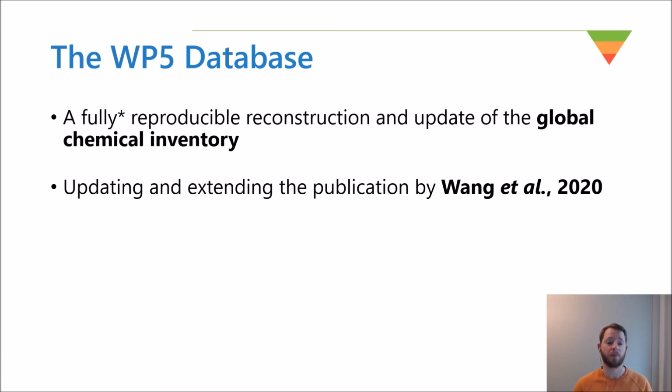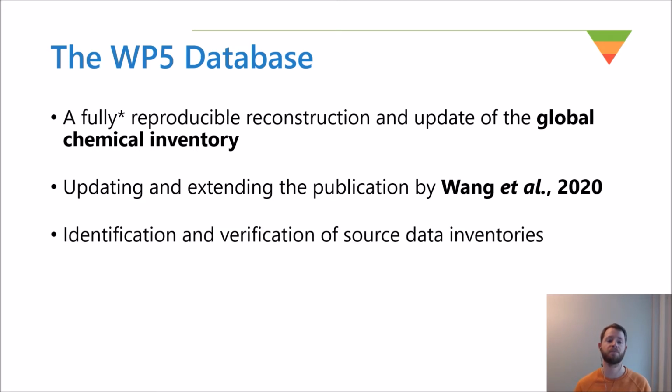We will update, but not only update, also extend the publication from Zhen Yung. We will identify and verify all source data from the inventories. And it is our goal to FAIRify the data model. And I'm sure not everyone is fully familiar with the term FAIR in this context, so I'll take a step back and explain that briefly.